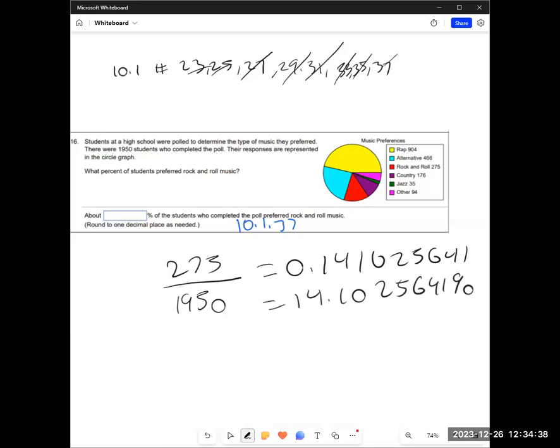Told to round to one decimal place, 14.1%.